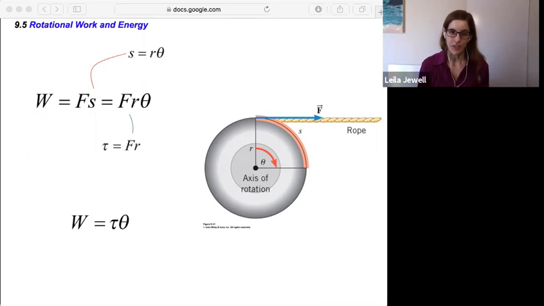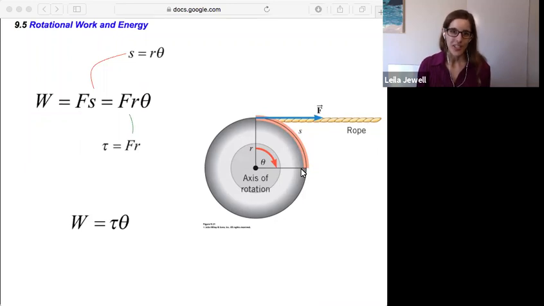So work, for instance, we calculated with F times S, the force times the displacement S, assuming they're in the same direction. But S, if we're thinking now of rotation, could be described as the arc length, that distance on the outer rim of an object. That's what's shown here, where the wheel is rotating by some amount as the rope pulls on it, and the amount that it rotates matches the arc length.